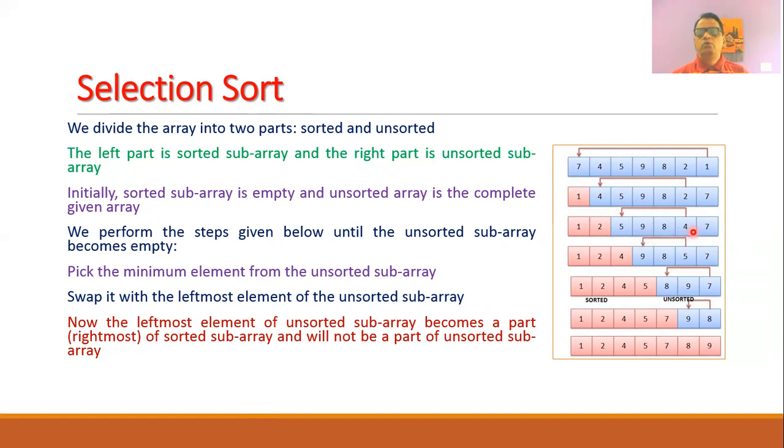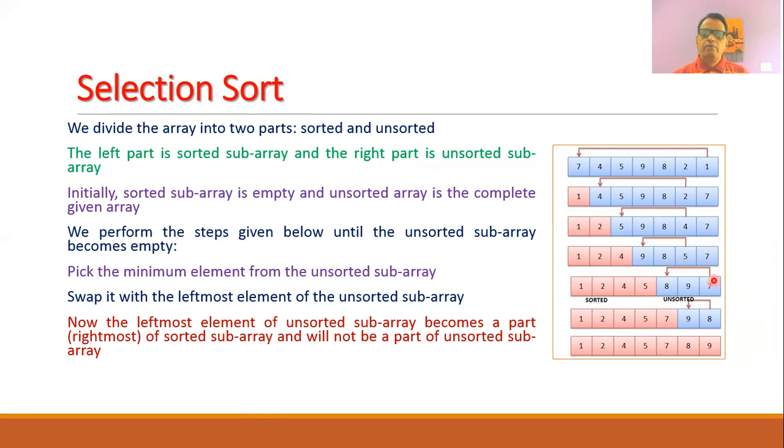Again, we will do the same thing: we will pick up the minimum and then swap it to the leftmost position of the unsorted array. And therefore, the 4 will be shifted over here and 5 will get shifted over here. Now we can find that 1, 2, 4 become the elements of the sorted array, and the rest of the elements are from the unsorted array.